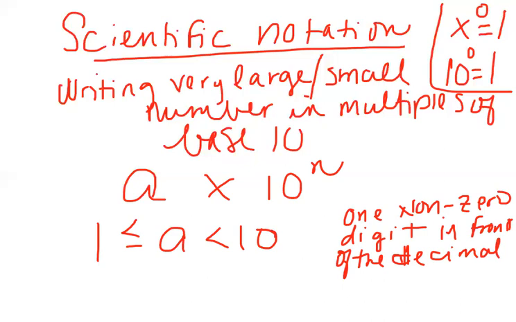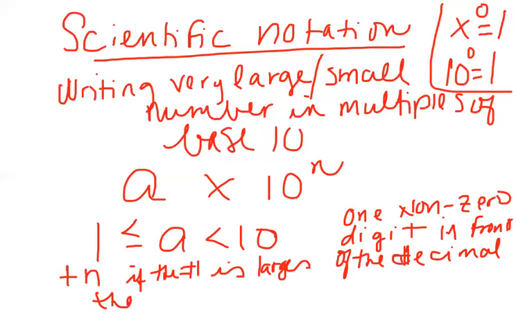Now, the power n is positive if the number is larger than 10, or if the decimal is moved to the right. Okay, I'm running out of room here, guys. Decimal is moved to the right.